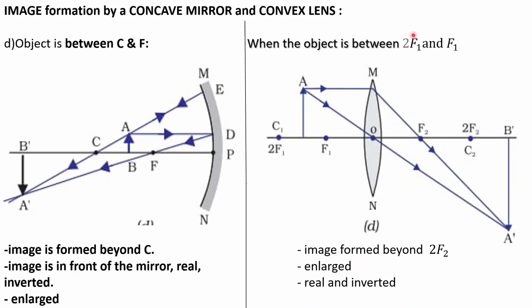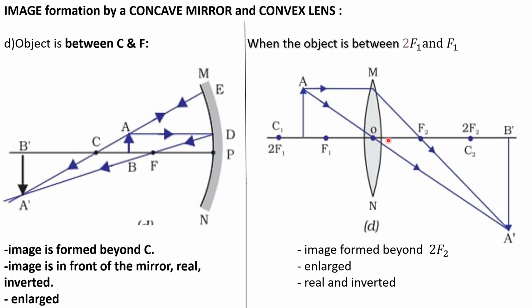When the object is placed in between C and F, the image is formed beyond C. It is a real and inverted image, and it is in front of the mirror, and it is an enlarged image in the case of a concave mirror.